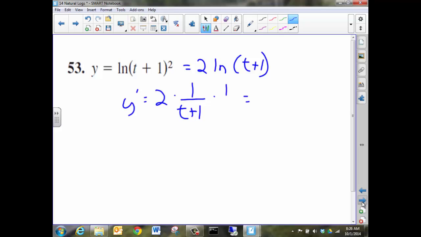So our final answer would be 2 over t plus 1. Do I write y prime or dy dx there? Does it make any difference? Doesn't matter. They're both standing for derivative, okay? So just understand that both of those mean the same thing there.